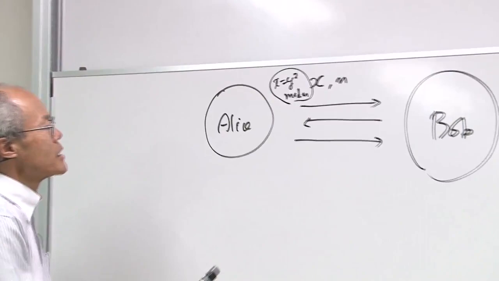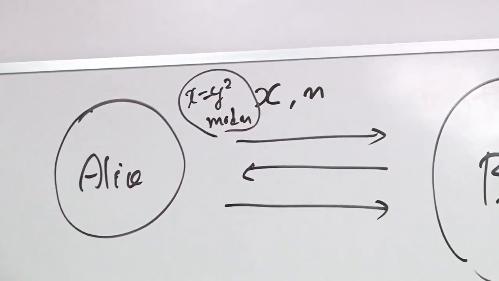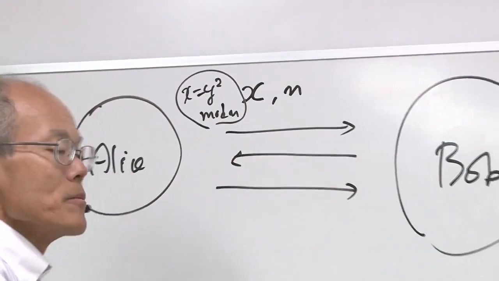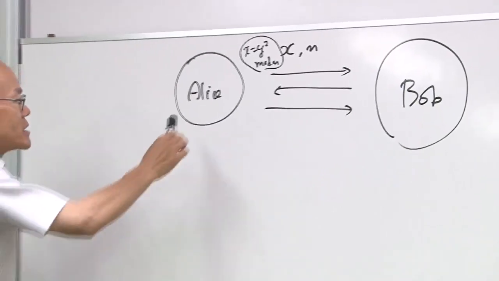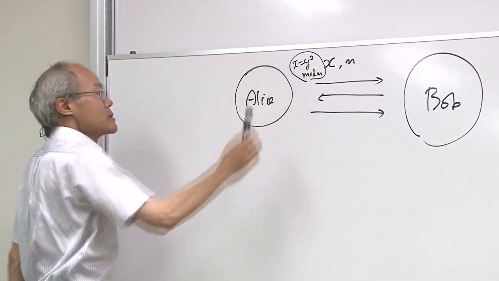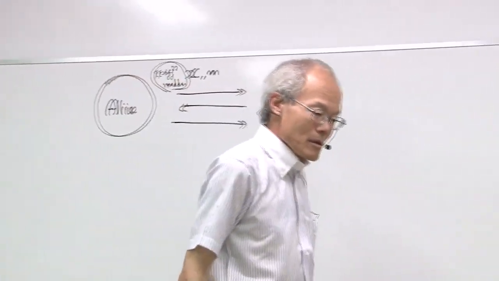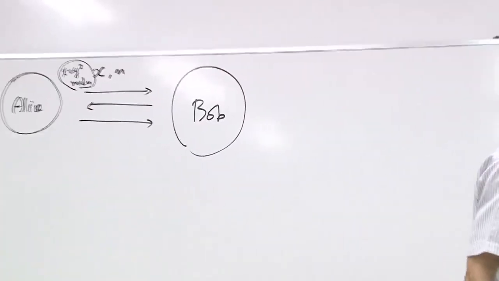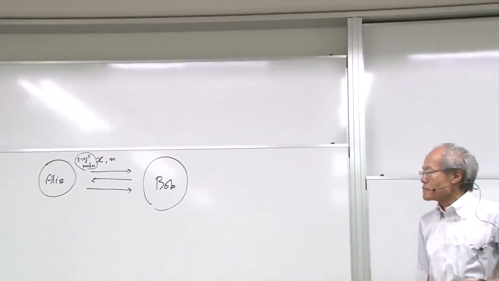So Alice does not reveal any information about this answer y to Bob, but still Alice can convince Bob that this x is a quadratic residue. So really amazing. That's what we call zero knowledge proofs.